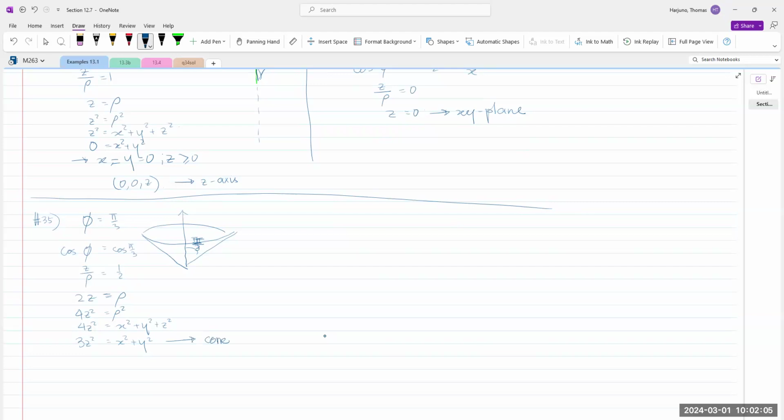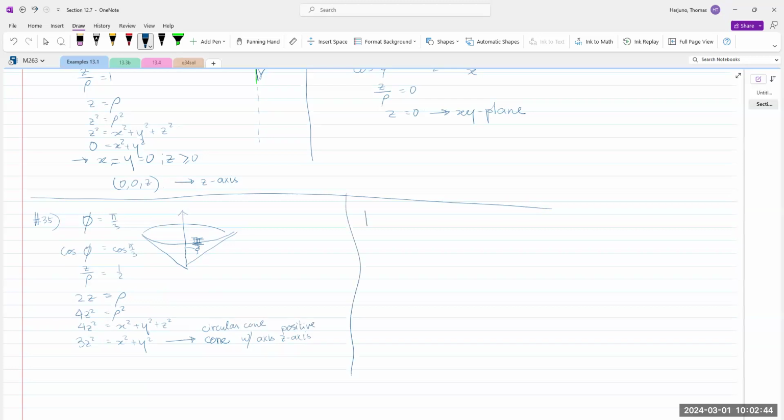Okay, now not a bicone, not two cones like the one we usually have in quadric surfaces, right? No, only the one facing up. Remember, because phi is pi over 3, phi is not 2 pi over 3. So this is the cone with axis z-axis. In fact, we can say this is a circular cone with axis positive z-axis.